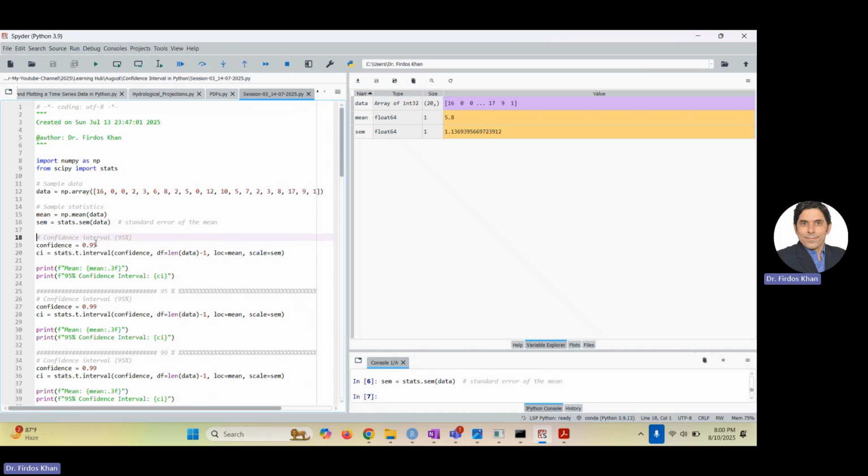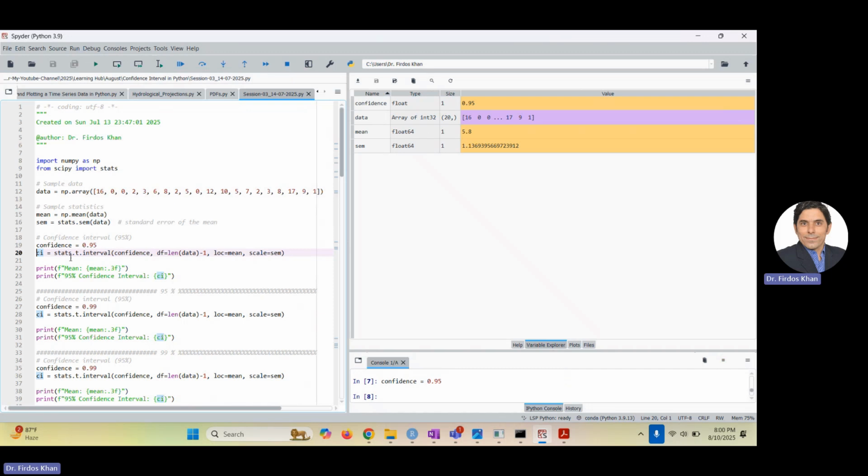Now the confidence level is 95% in this example. Then this will calculate the confidence interval, CI, with stats.t.interval. This is the function which you can use, and this is the confidence level, 95%. The degrees of freedom is len(data) minus 1, that is n minus 1, which you learned just earlier.